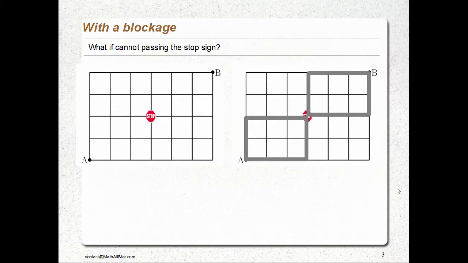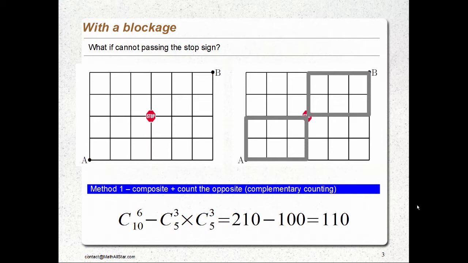Each has 5 choose 3 possibilities, that is 10 choices. Therefore, by the multiplication principle, the total number of routes that pass that blockage is 10 times 10. We can then subtract it from the total possibilities to find the number of routes that does not pass the blockage. A little bit complicated, but still doable, isn't it?